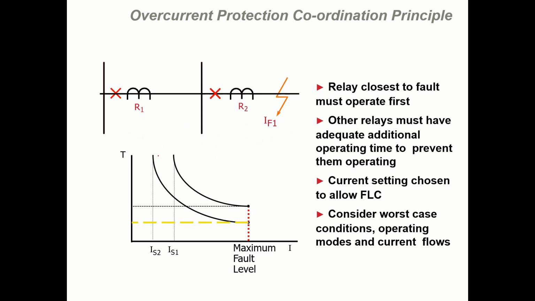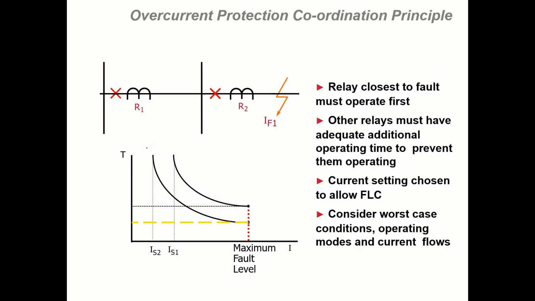So now suppose this is the characteristic of relay R2, a standard inverse characteristic. Then when we draw the characteristic of R1, it should have a linear CTI at all points. That means it should have a coordination time interval of 300 or 400 milliseconds, whatever we have calculated, at all points over the characteristic of R2.